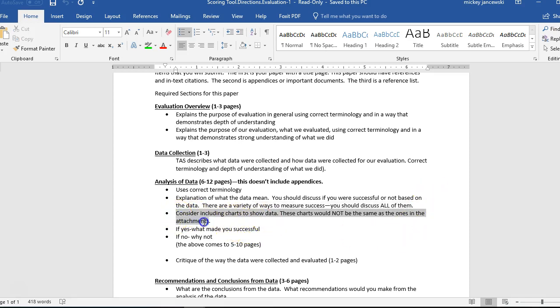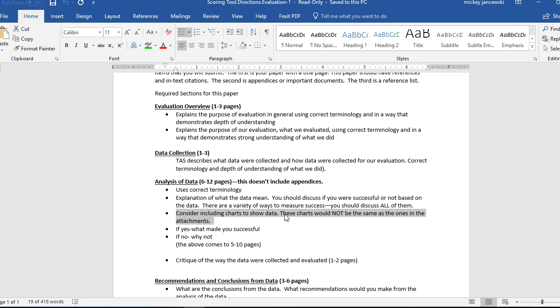This next section says to consider using charts to show the data. The one chart that might be in your paper is the chart that shows all the chi-square data in one chart. That can also just be in your appendices, because I will open your appendices and look at them while I'm reading your paper. However, some people find ways to use bar graphs or circle graphs to make the data make more sense.